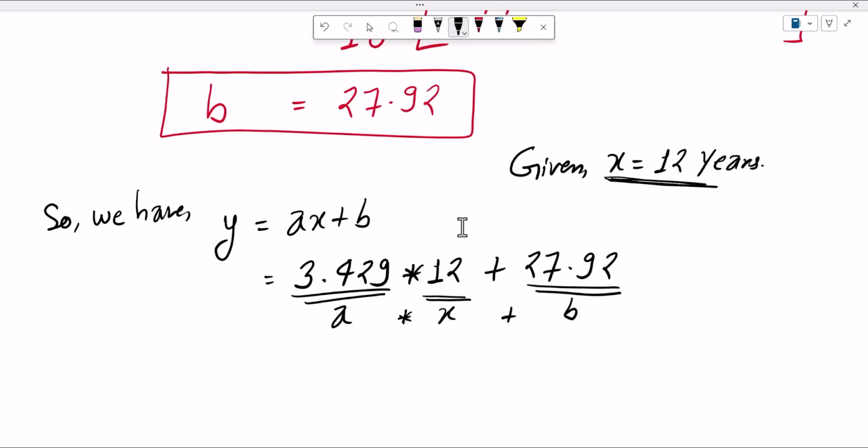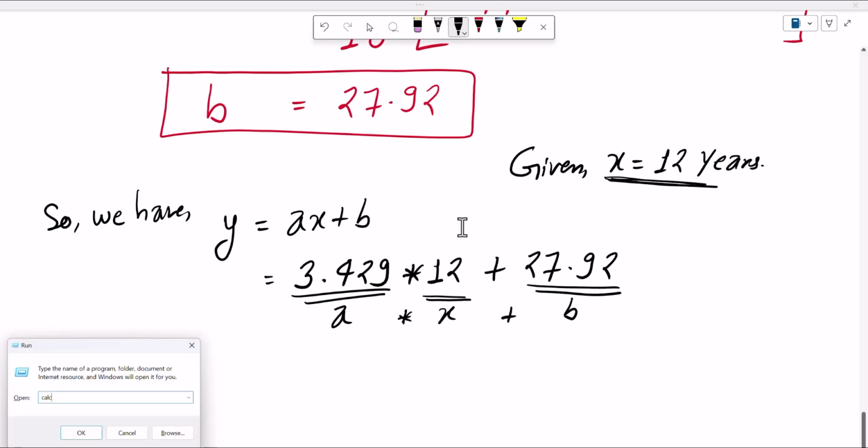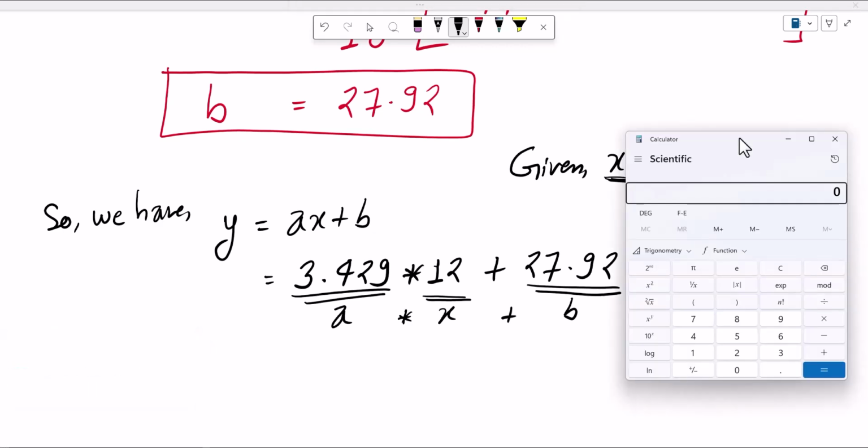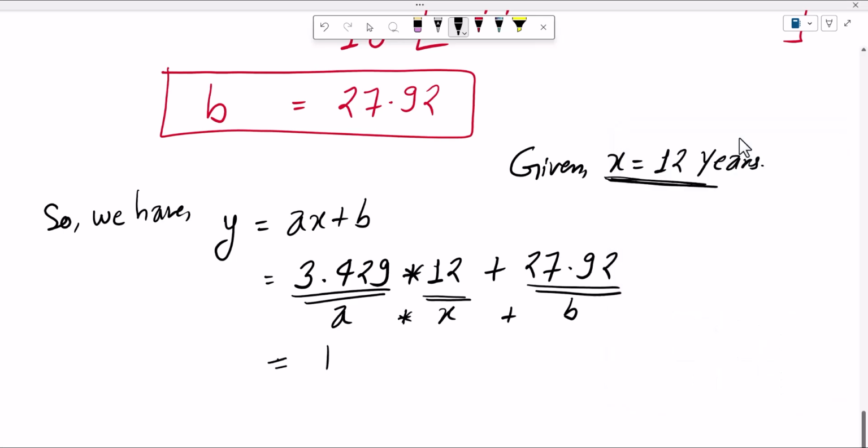If you calculate the value, 3.429 into 12, you will get 41.148 plus 27.92.